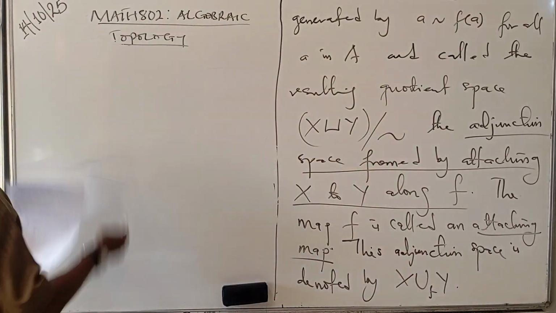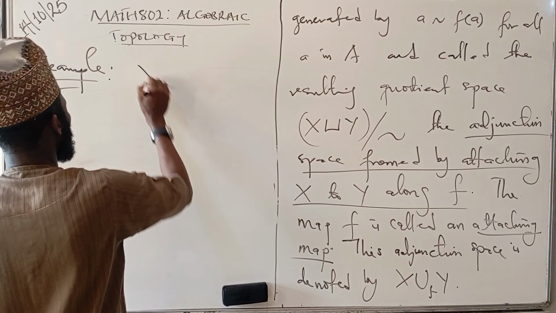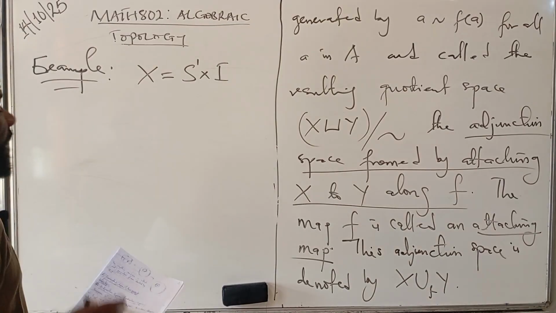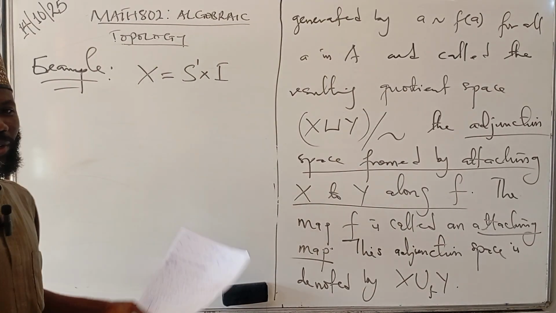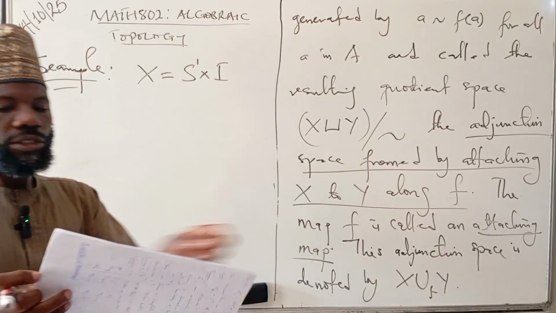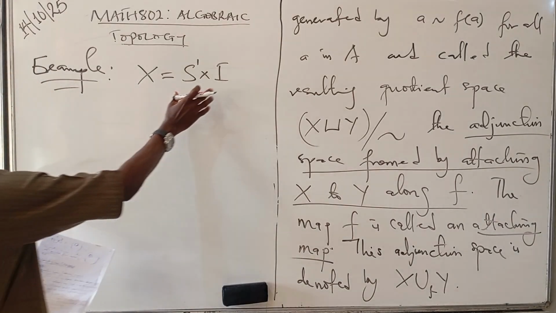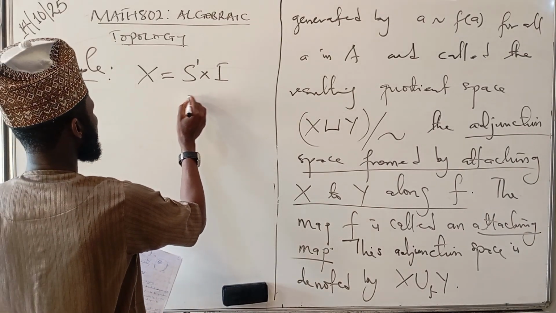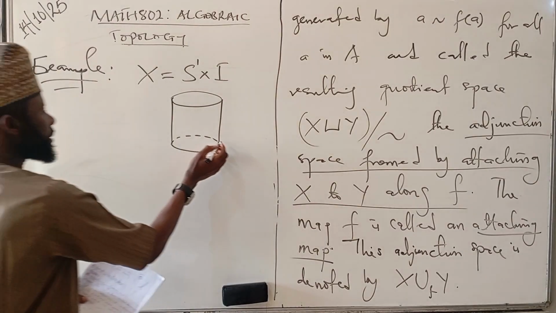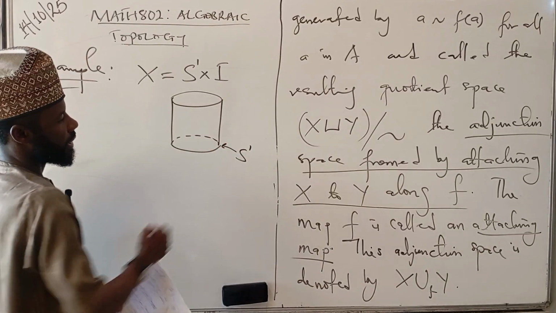Let me give you an example: you can think of having X to be the cylinder, S1 cross I. Even though we saw one way to think of a cylinder yesterday as a quotient space, where you identify the two opposite edges of a square to form a cylinder, now if you think of having a cylinder like this, at the bottom of the cylinder, the boundary of the cylinder is the circle. So you can take that to be your A.